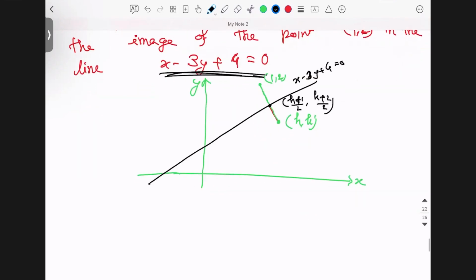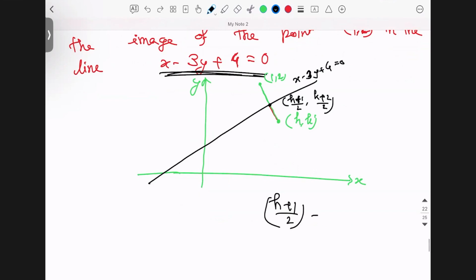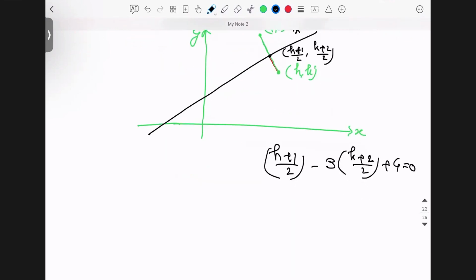So this will give us h plus 1 by 2 minus 3 into k plus 2 by 2 plus 4 equals 0.